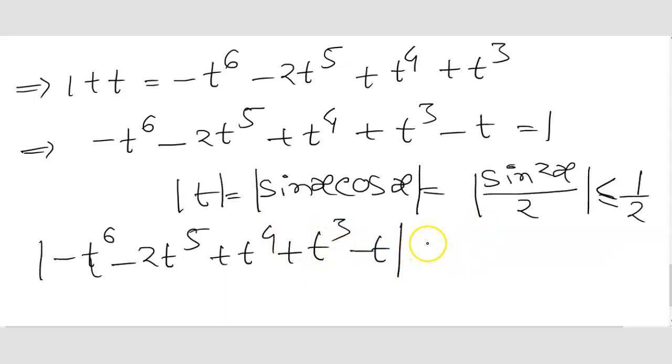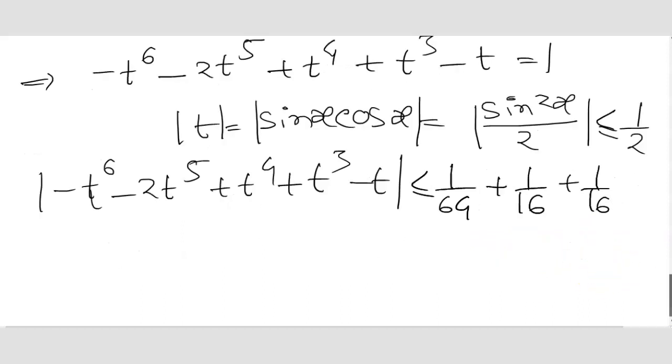See, this whole thing comes up to 1 by 64, it is 1 by 16, it is also 1 by 16, and there is a part of 1 by 8 plus 1 by 2. And if you make the sum of these little tiny fractions, then you can see the sum is always less than 1, right?